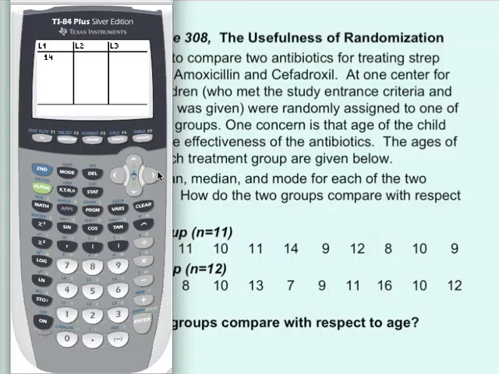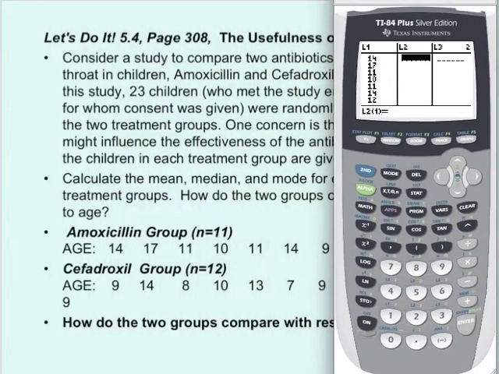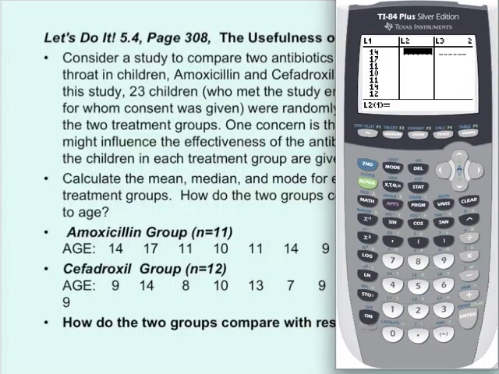So let's go get into L2. Let's go get the cefadroxil group. So let's slide the calculator over here so we can see what we're doing. All right. And we've got a 9-year-old, 14, an 8, a 10, a 13, a 7, a 9. I'm going to grab this 9 right here also right away to get that guy out of the way.